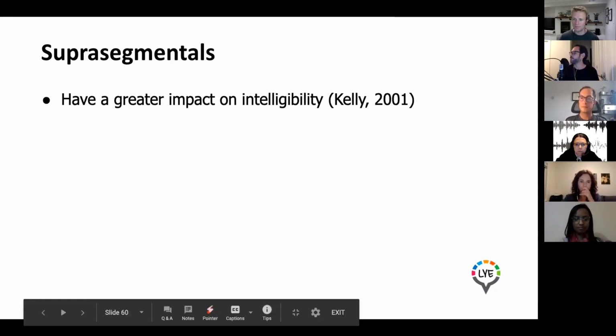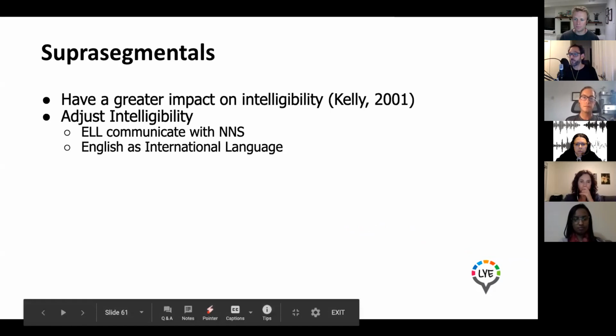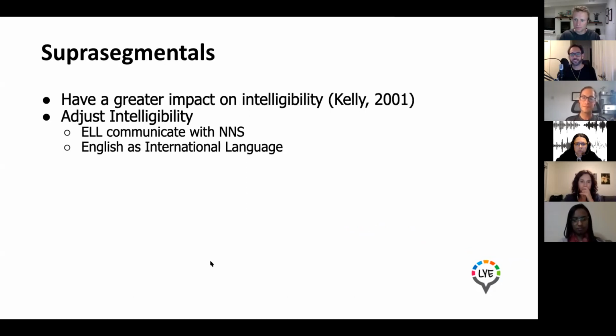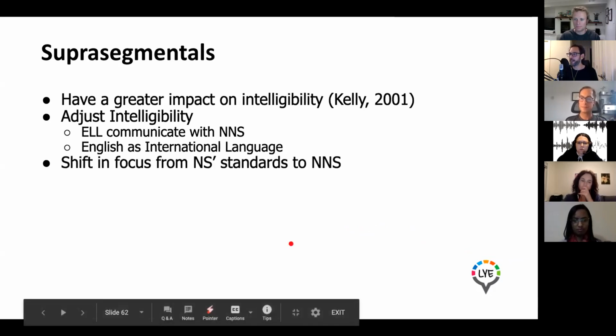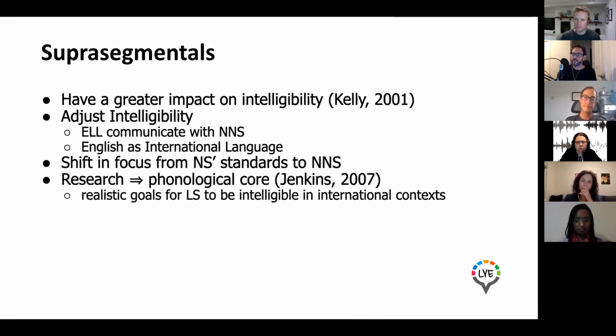So moving forward, let's see what we have next. What we really need to be doing here is we need to shift the focus from a native speaker standard to a non-native speaker standard. So our realistic goal then should be to produce language that is intelligible.